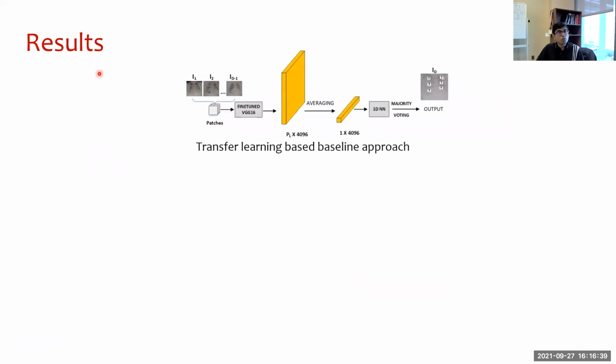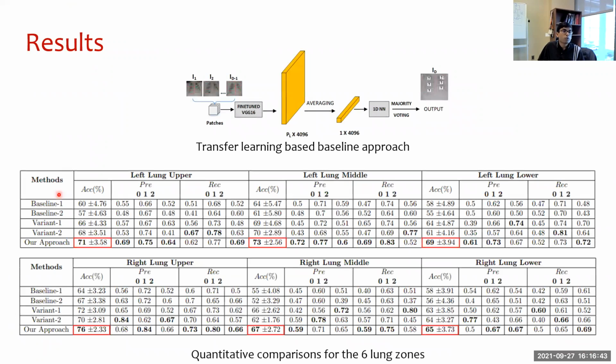Using this approach, we also had a baseline where we used a simple transfer learning based approach, and we could see that our approach could outperform most of the baselines and different variants in ablation studies for most of the different lung zones. Essentially we had 6 lung zones, the lower, middle, and the upper zone for both the lungs.